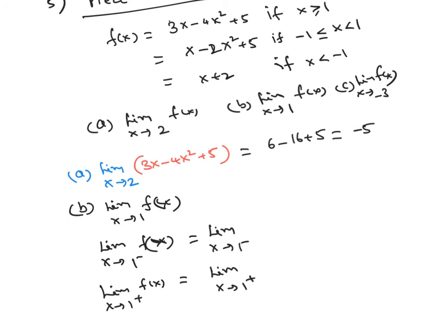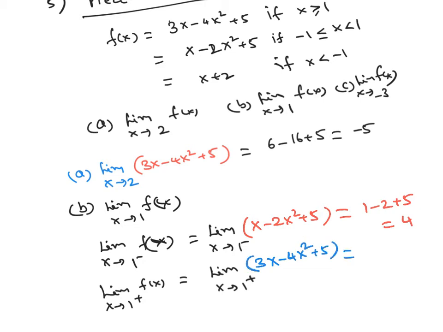Here 1 from the left side means we need to take the piece where x is less than 1. If I take that piece, the second piece, I would have this function. If I plug in, I would get 4. Whereas 1 from the right side, I have to take the first piece of the function because that's when x is more than 1.